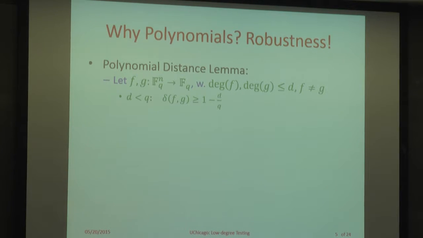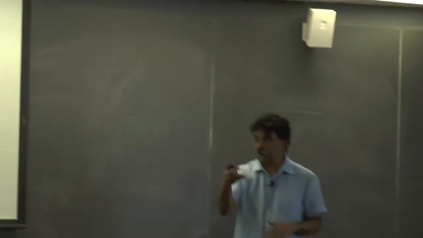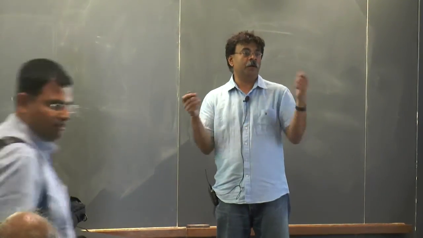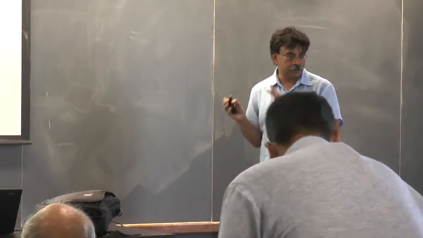That is a big change that has to be brought in to go from one polynomial to the other. Note this statement over here has no dependence on the number of variables. If there is any dependence on the number of variables, it is in the dimensionality of the problem, how many coefficients are there, etc., but not in the distance bound.